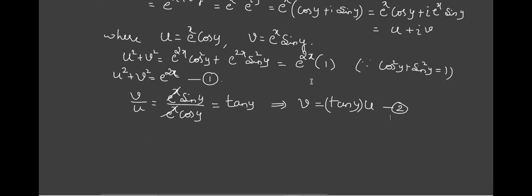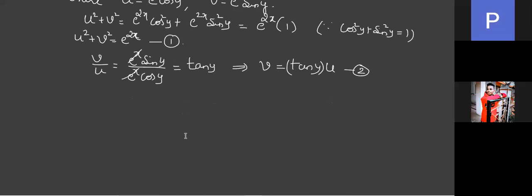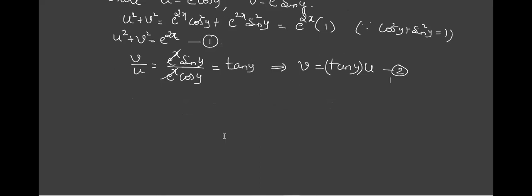After this, why we have to get such a relation is because in the z plane, what is the real axis? For the z plane, what are the real and imaginary axes? x and y are real and imaginary. Similarly, for the w plane, what are the real and imaginary axes? u and v.